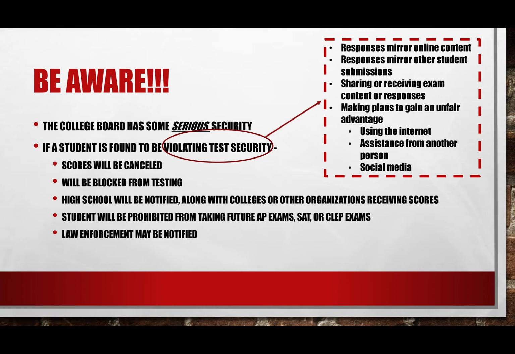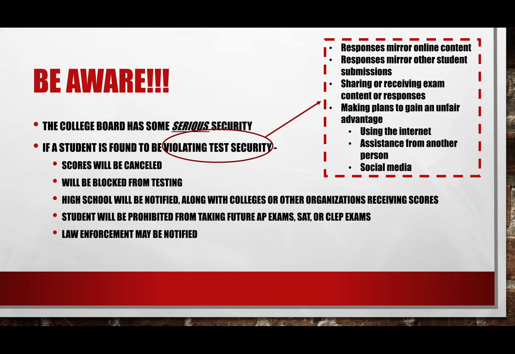So like 2 years ago, we had the highest AP scores ever, not AP Human Geo, but AP scores just in general. And one of the things that happened is a lot of people were found from the psychology test to have been cheating. What they did is they were making memes. They were writing jokes on their Instagram.